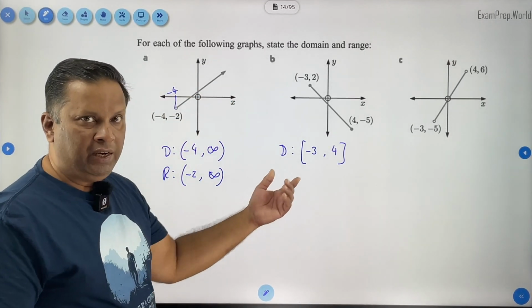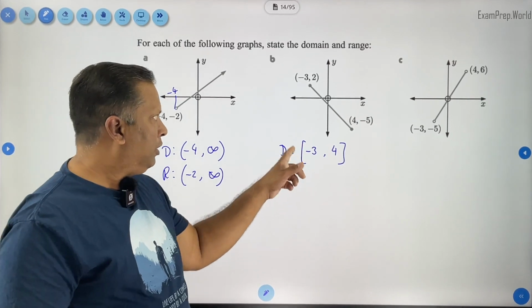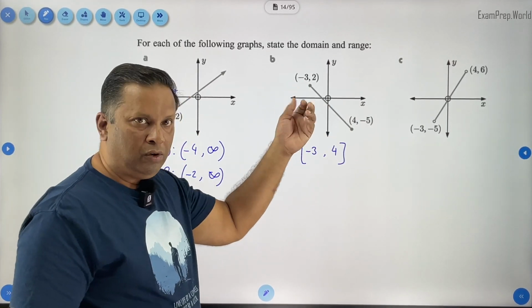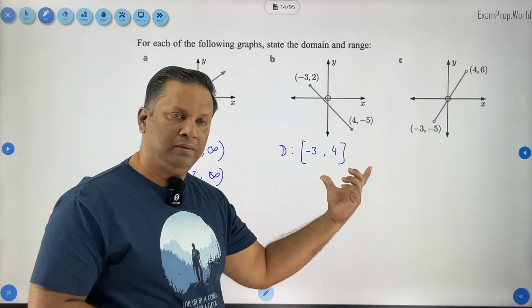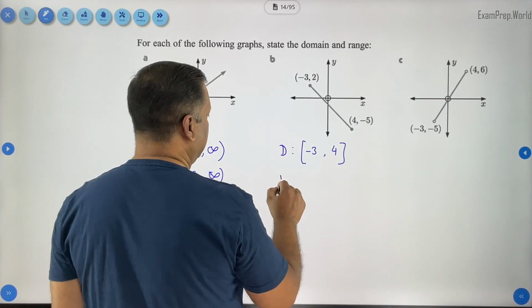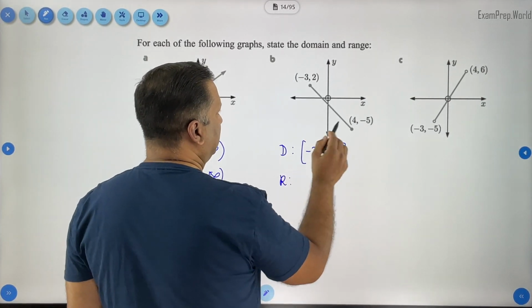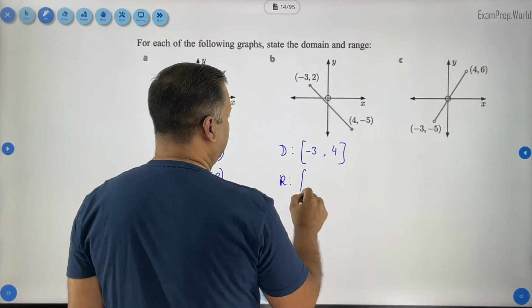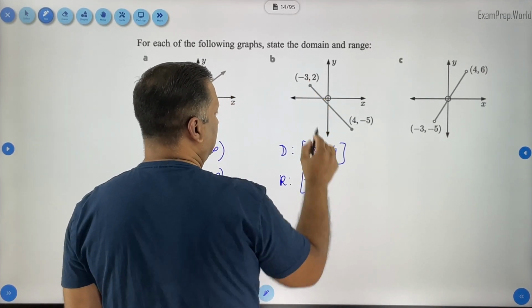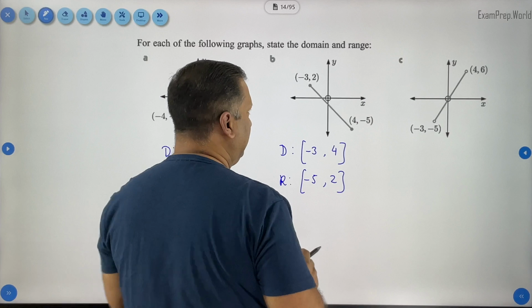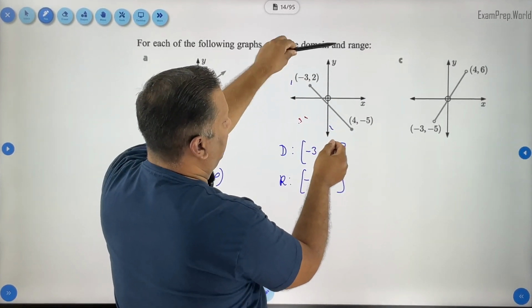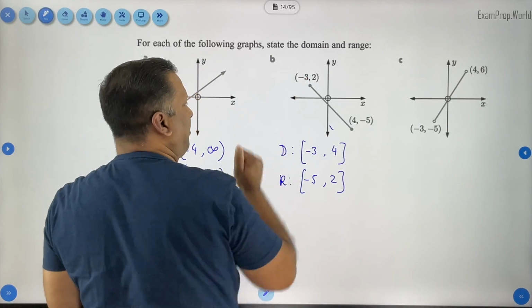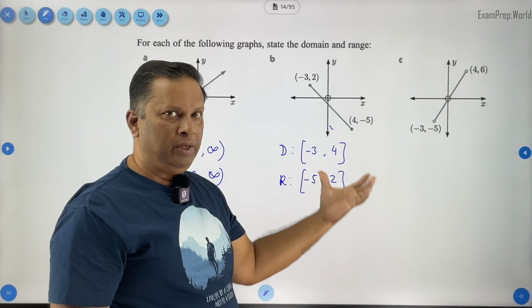All values between -3 and +4, in square brackets because it's a colored dot, the complete solid dot, not a hollow dot. So both numbers are included. And what about the range? Range is -5 is the minimum, and +2 is the y value. See, it is not going below this, and it's not going above that. Okay, so we have our domain and range.